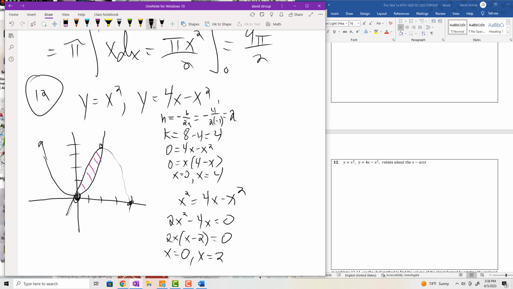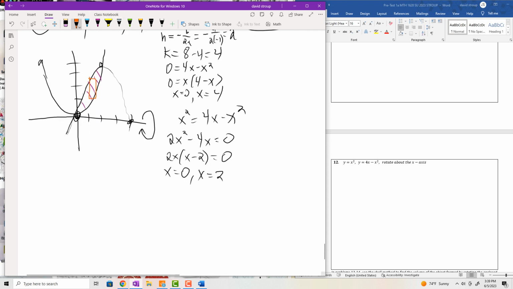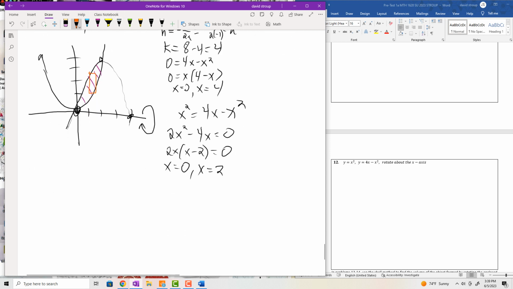Going back to the question, it says x-axis. Okay, great. So the rectangle, again, is perpendicular to the axis of rotation for disk and washer. So there's a rectangle. It'll be in terms of x, because the base of the rectangle can be projected onto the x-axis. The Riemann person is in this orientation because we're in terms of x.